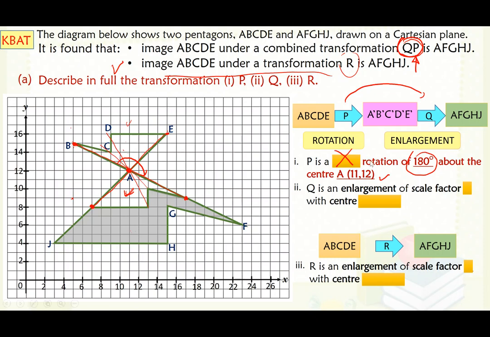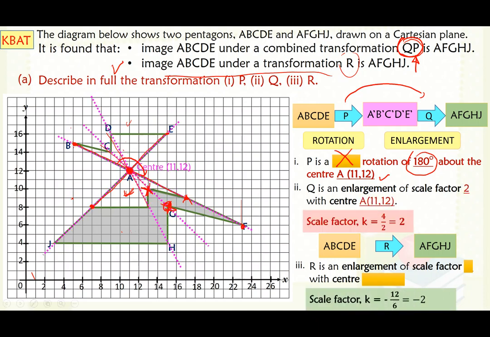Now I do the enlargement. From this one it goes to the enlargement, so I need to find the corresponding points. This is a corresponding point. This is the corresponding point. This is a corresponding point. So I connect the corresponding points using the ruler.